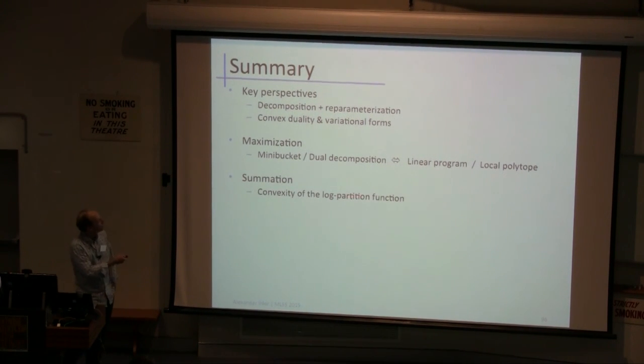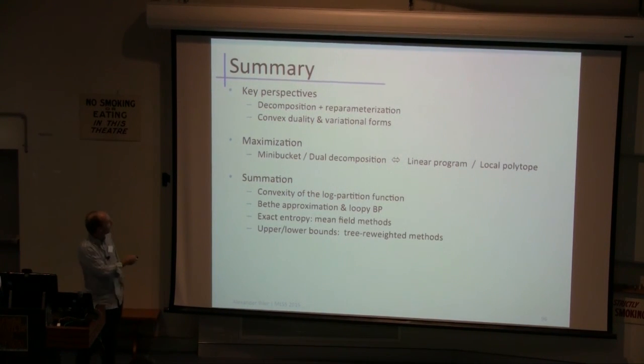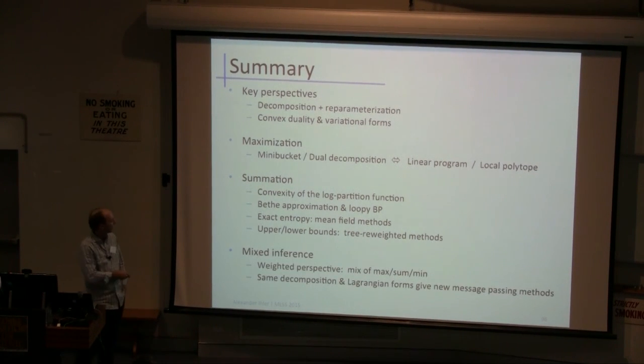In summation, we use this convexity of the log partition function to give us bounds, either using mean field lower bounds or weighted upper or lower bounds. Or we could substitute an approximate entropy like the Bethe approximation and get message passing algorithms like loopy BP.